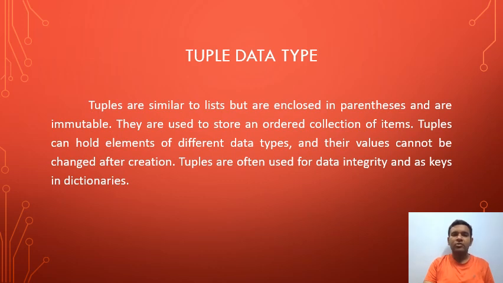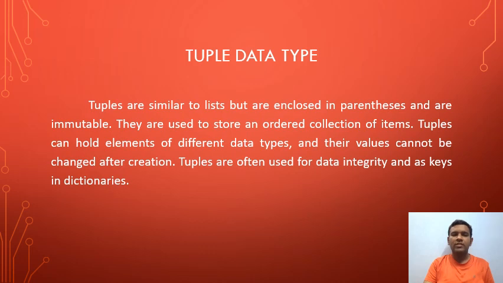They are used to store an ordered collection of items. Tuples can hold elements of different data types, and their values cannot be changed after creation. Tuples are often used for data integrity and as keys in dictionaries. This is about the tuple data type.